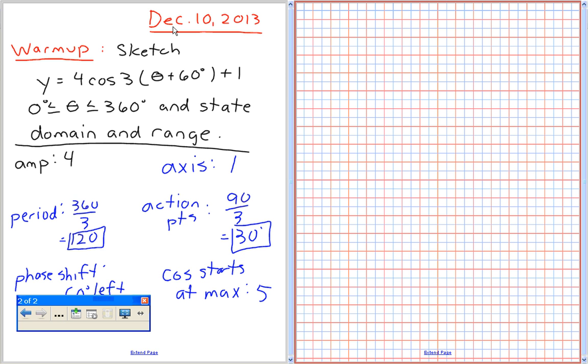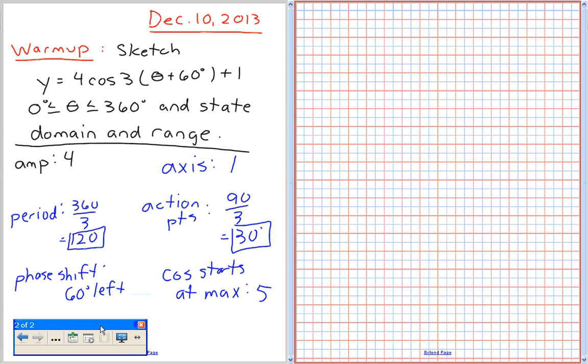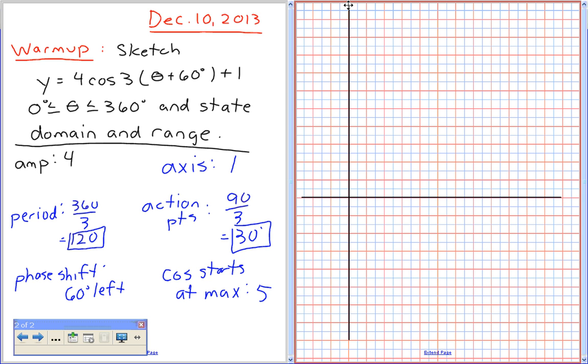Okay, so I have to get to 60 degrees. It's sort of like this. Okay, so Devin said he's going to do that first, and that's fine. I'm going to do my y. And there's going to be 0.